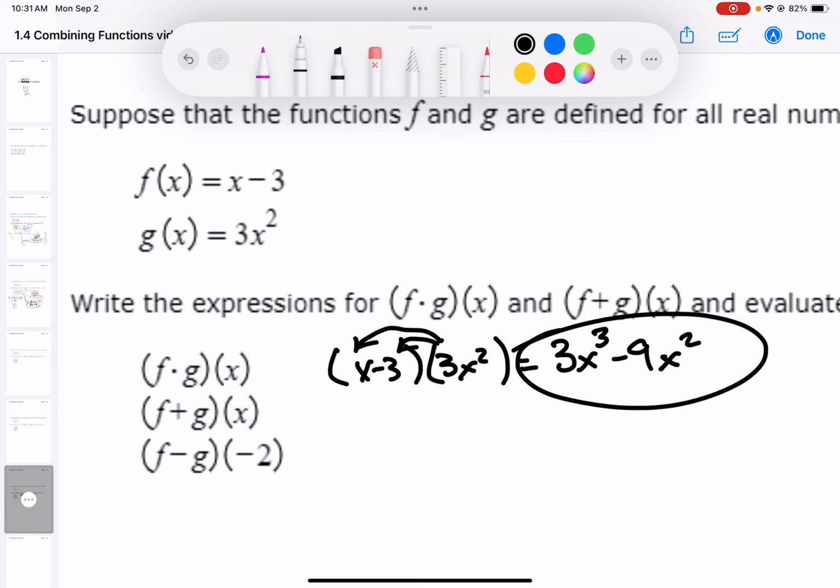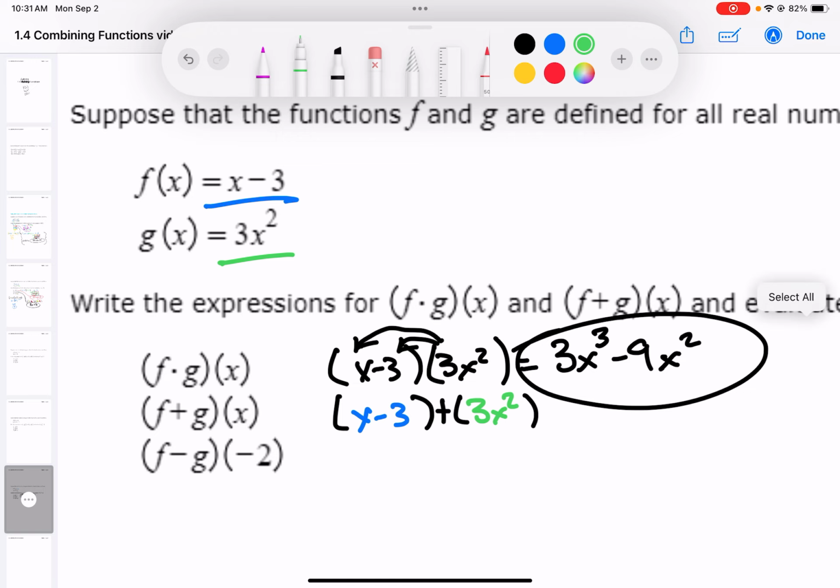Okay, so this next one, let me get some different colors here. Let's just continue on with the blue and green. So this time we're adding. I got blue x minus 3. Then I got 3x squared. As we look here, we're not changing any signs.